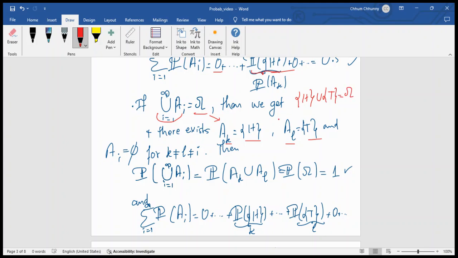This is the possible case that can happen when the union equals omega. And the rest are equal to the empty set.